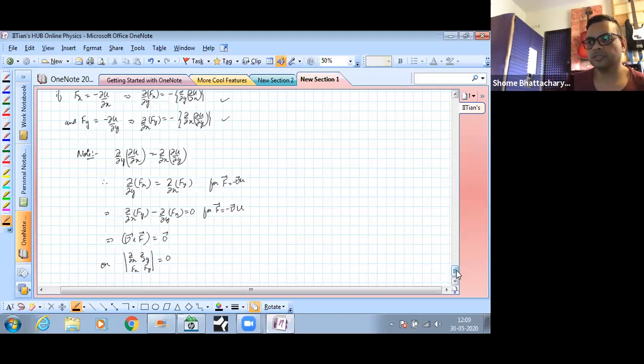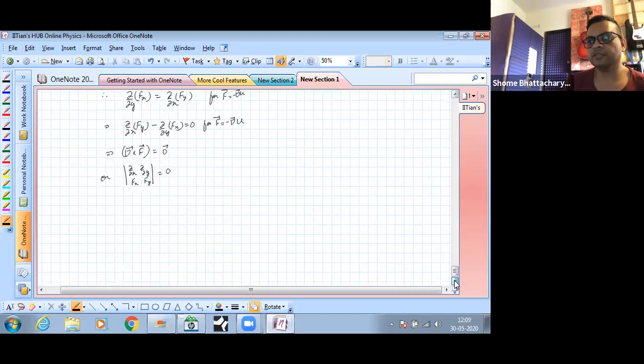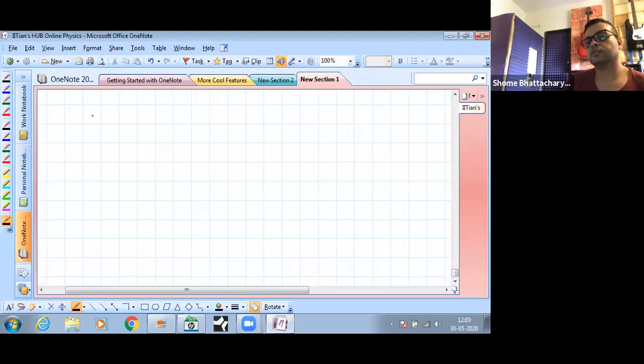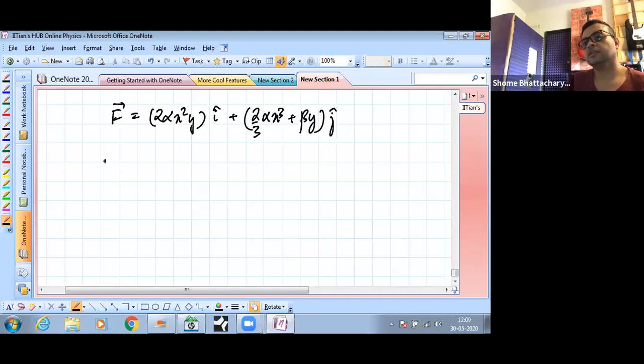Okay, people, so hope this is clear. Another way we could have done the earlier question, for that given force, is to first check whether the force is conservative by asking whether del cross F is 0.